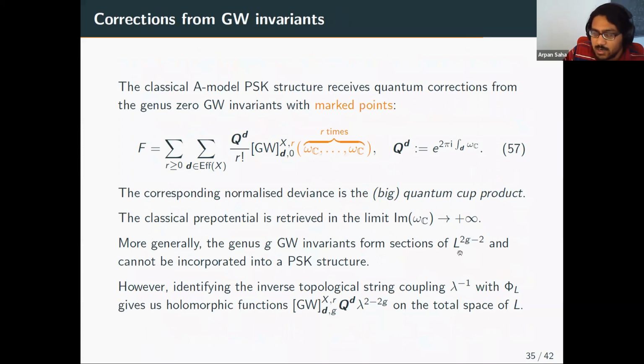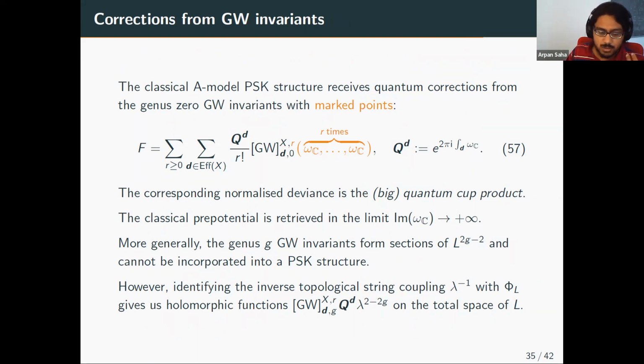So what I just described was the classical A-model PSK structure, but it gets corrections from Gromov-Witten invariants. Basically, it gets corrections from genus 0 GW invariants with marked points. And this will basically deform the PSK structure so that instead of the wedge product, you have the big quantum cup product.